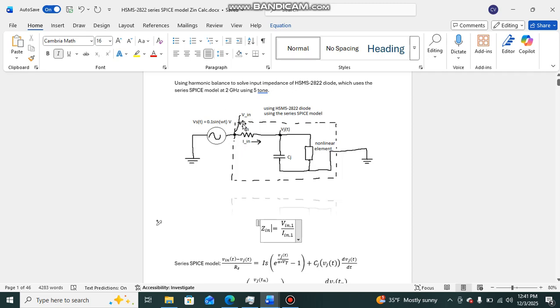As soon as that hits the diode, it creates different voltages at multiples of 2 gigahertz, and also intermodulation tones and so on. It can create different voltages that need to be added together in order to obtain a full total voltage input, and also for the current, and everything in the diode is nonlinear.